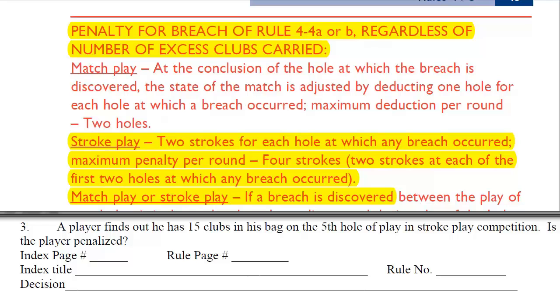So if we go back to this player, he's on the 5th hole, so 2 strokes per hole would equal 10 strokes. However, he is protected by the maximum penalty per round of 4 strokes, so that's what he's going to get. And if you're his marker, how you're going to score that on the scorecard, you're going to add 2 strokes to the first hole and 2 strokes to the second hole of play that day. So if he made a 4 on the first hole, he now has a 6. If he made a 5 on the second hole, he now has a 7. So that's our answer to question number 3.